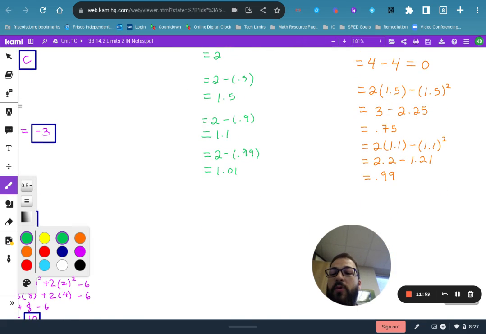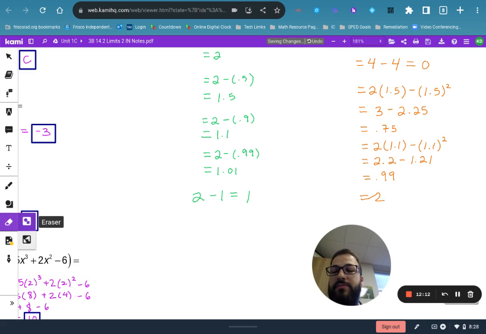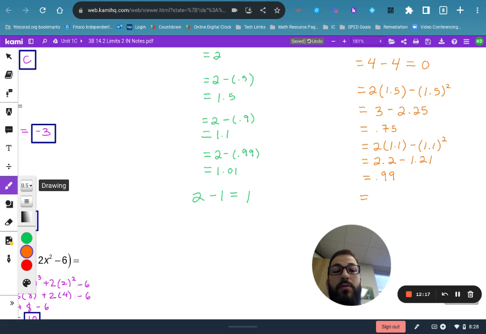Plugging in 1 real quick, that would be 2 minus 1, which is equal to 1. And plugging in 1 on the other side, that would be 2 times 1 minus 1 squared.